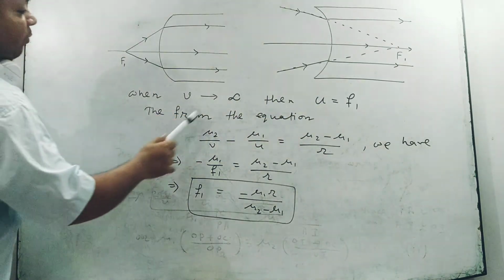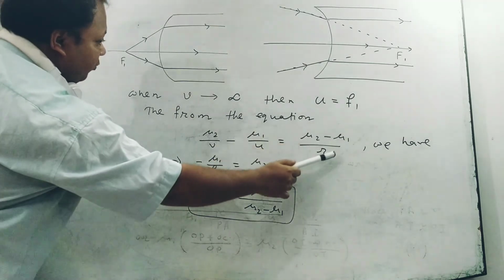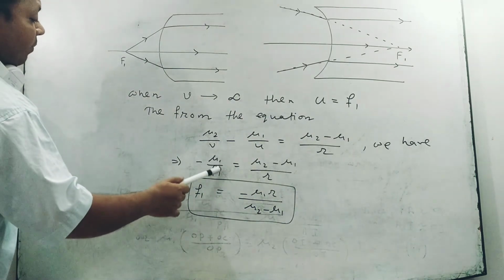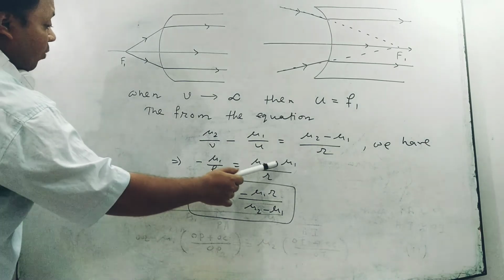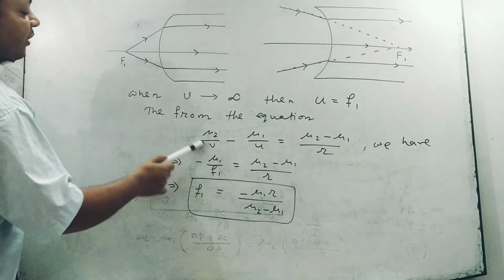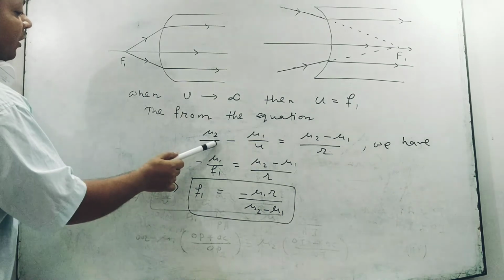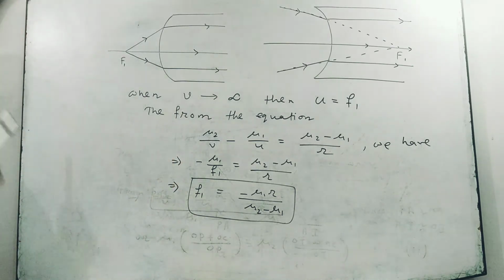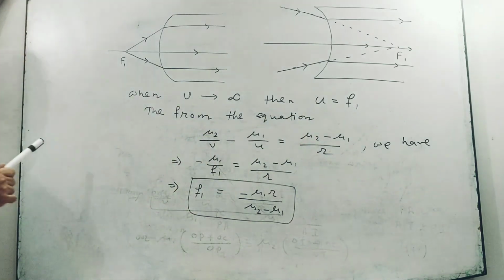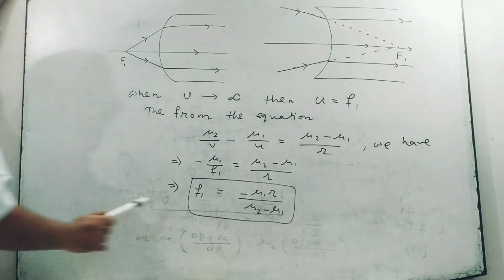Now, from the equation mu2 by v minus mu1 by u is equal to (mu2 minus mu1) by R, putting infinity in place of v and f1 in place of u, since 1 by infinity is equal to 0, we have minus mu1 by f1 is equal to (mu2 minus mu1) by R. This gives f1 is equal to minus mu1 R by (mu2 minus mu1).